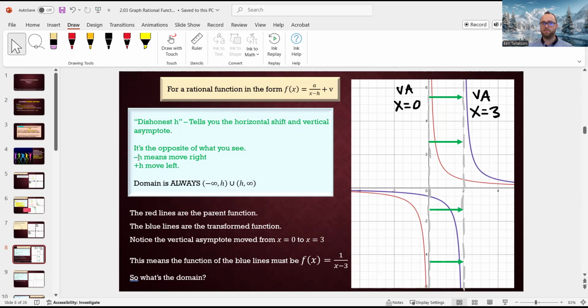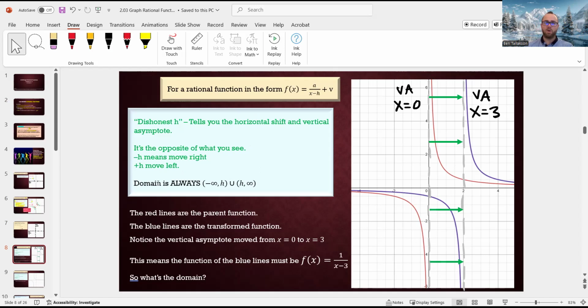So negative h, like -2 or -5, something like that, means you move right. That is the positive direction when it comes to x values. And if you see plus a number like 1, 2, or anything else, that actually means you move left in the negative direction on the x-axis.